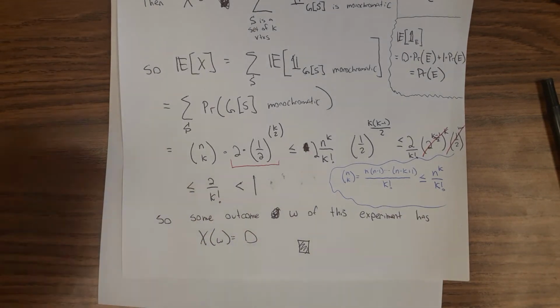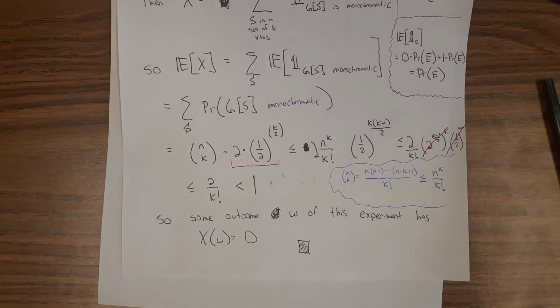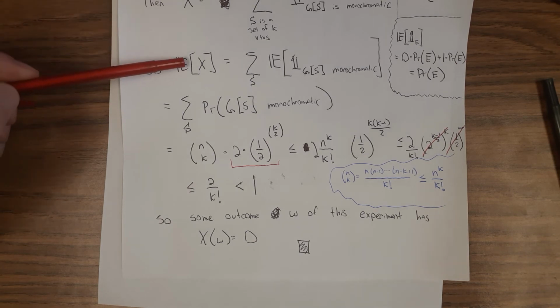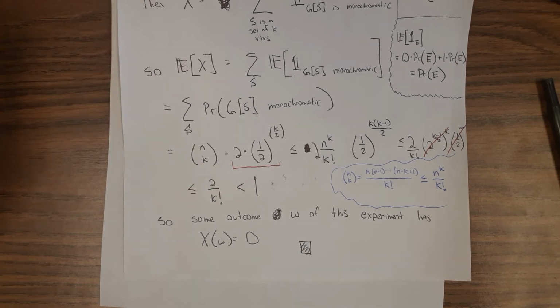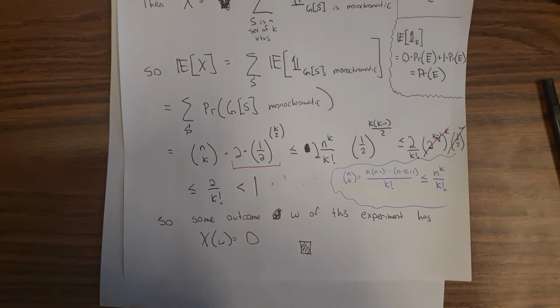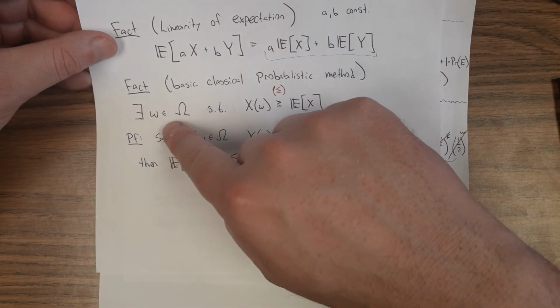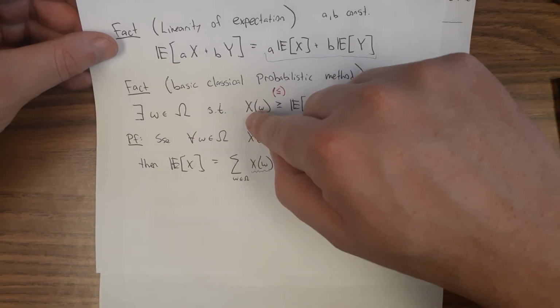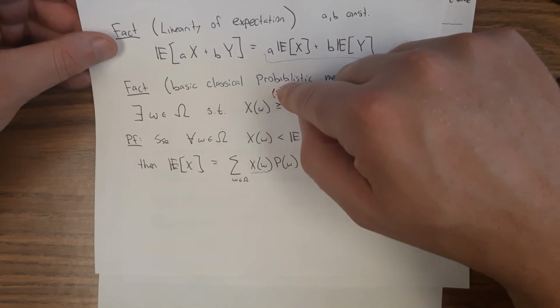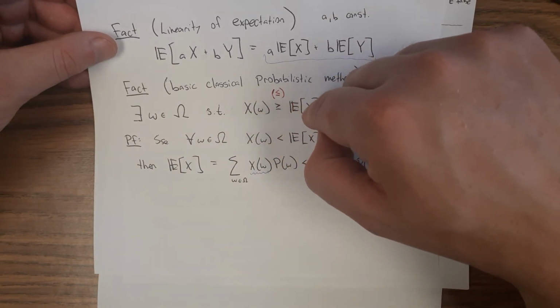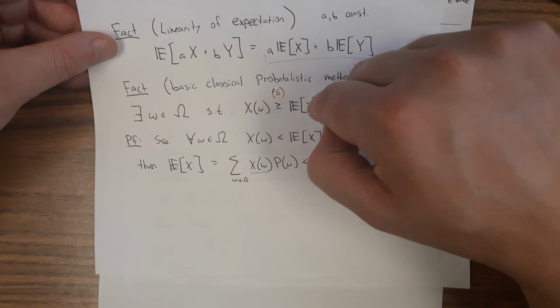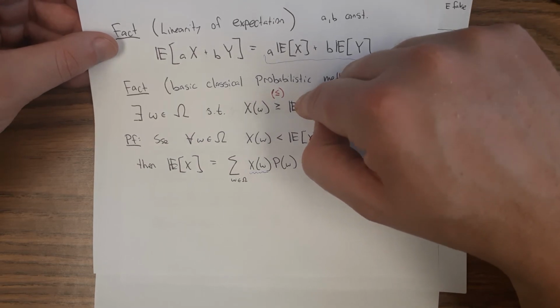Okay, so what just happened? We showed that the expected value of x is less than 1. So because of this, there exists an outcome such that x of omega is less than or equal to this, which is smaller than 1.